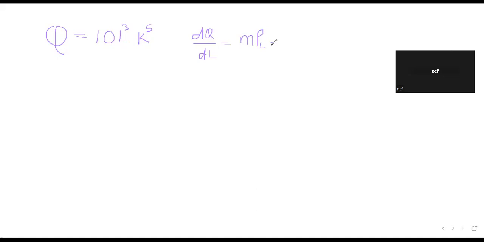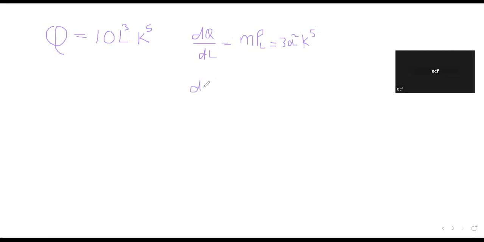So in differentiating this, our dummy is K5. So we're going to differentiate 10 L to the power 3, which is 30 L2. So this is how we differentiate our production function with respect to labor.